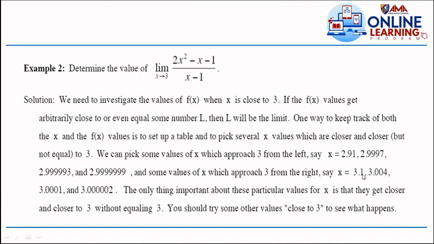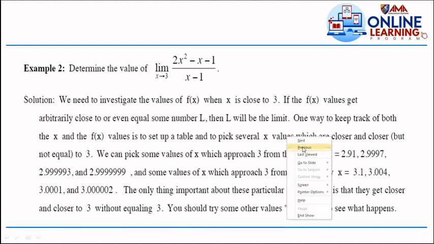Say x is equal to 3.1, 3.004, 3.001, and 3.002. The only thing important about these particular values for x is that they get closer and closer to 3 without equaling 3. So you should try some other values close to 3 to see what happens.